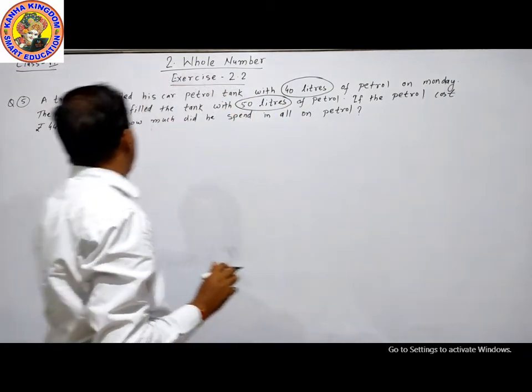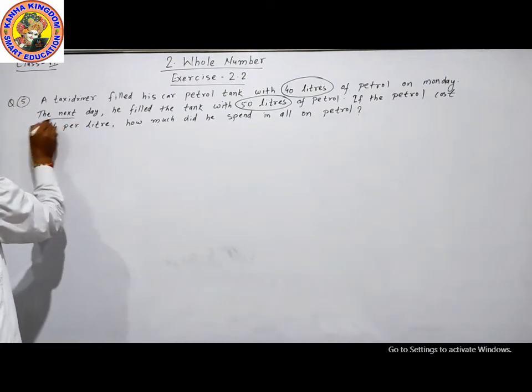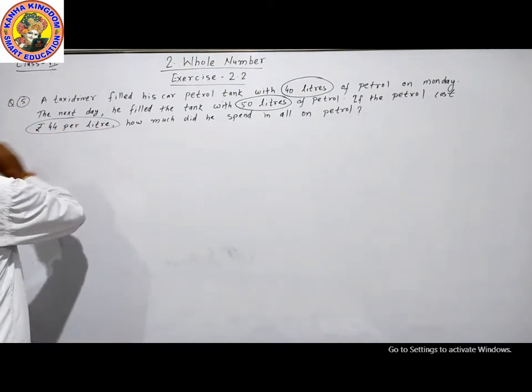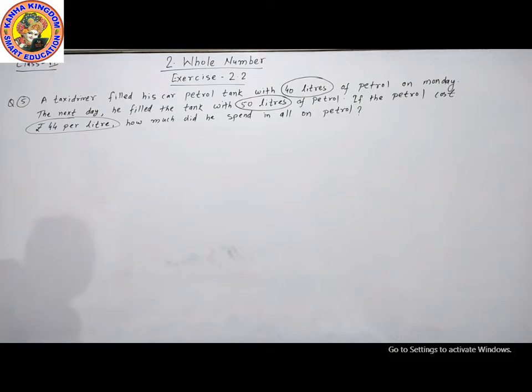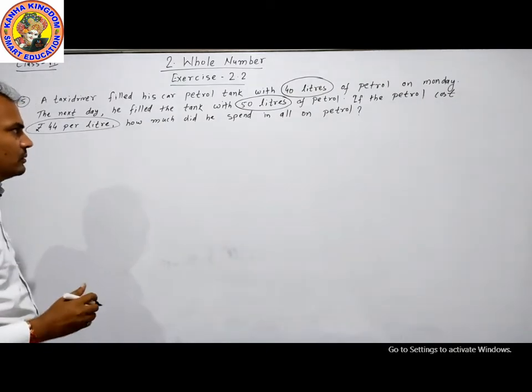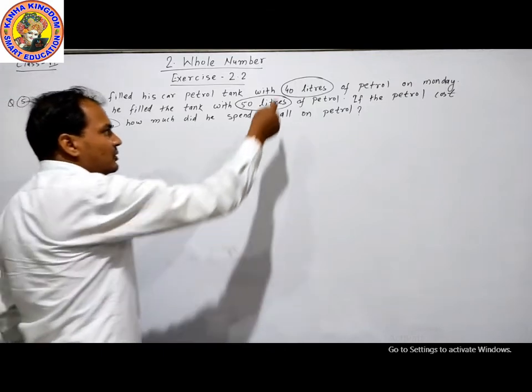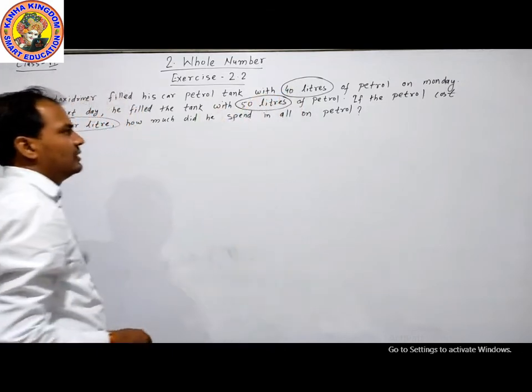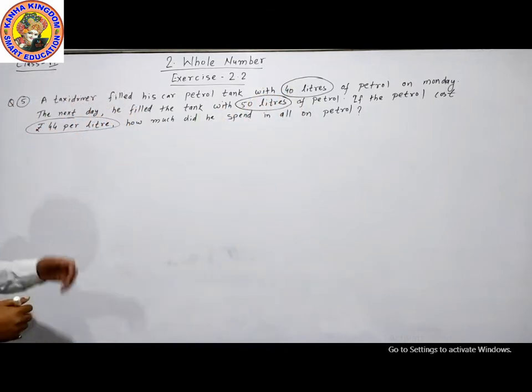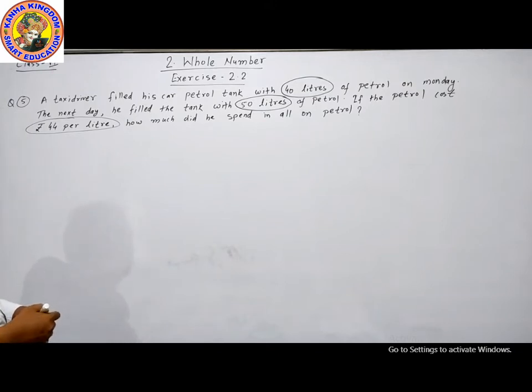If the petrol cost rupees 44 per liter, how much did he spend in all on petrol? Now, the car tank was filled with 40 liters and 50 liters. How much total petrol was filled in the car?